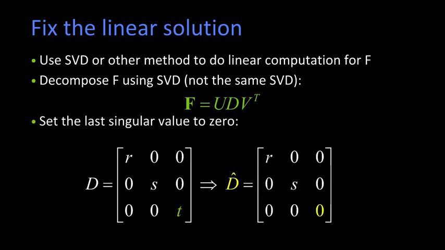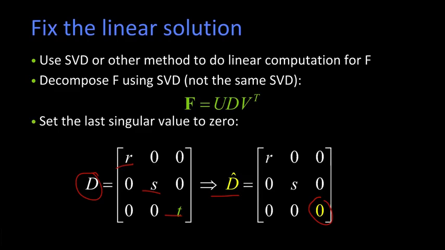So what we do is we take the D that comes out, and I just wrote that as R, S, T here, okay? And T is smaller than S, which is smaller than R. And what we're going to do is create a new D, D hat, and just set that least value to 0, because it was supposed to be 0, because a rank 2 F would have R, S, and 0, so we make it 0.